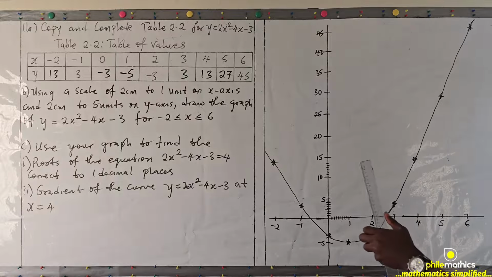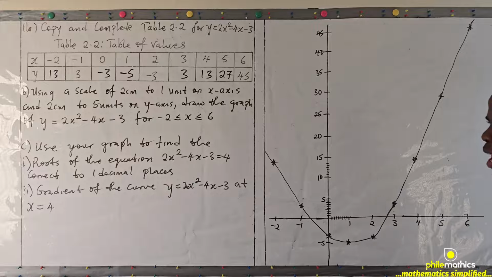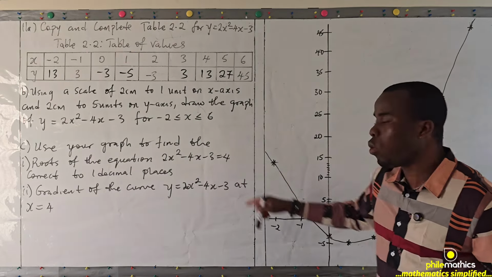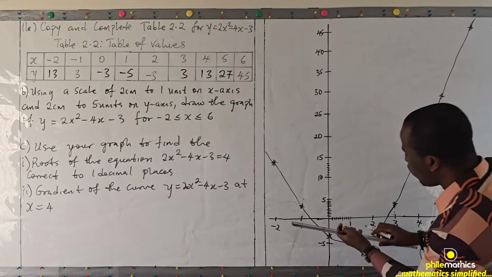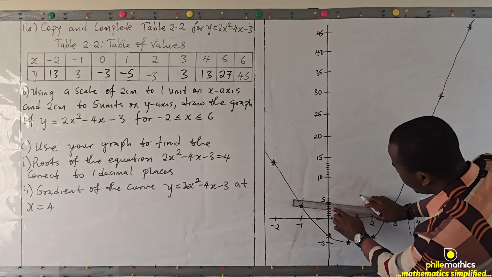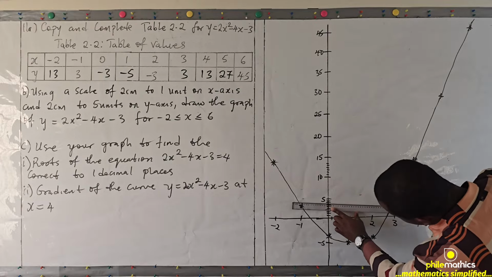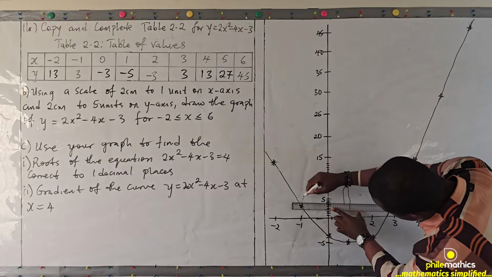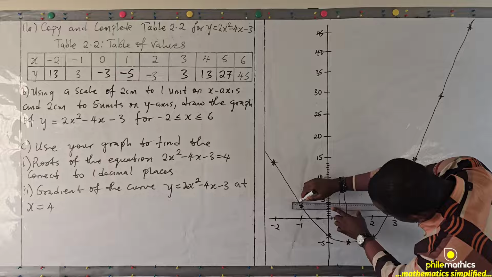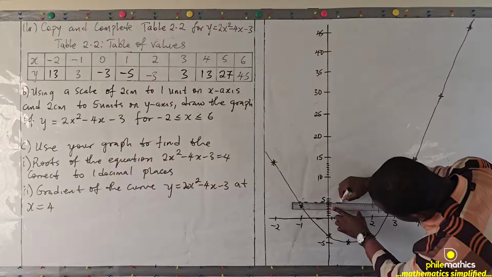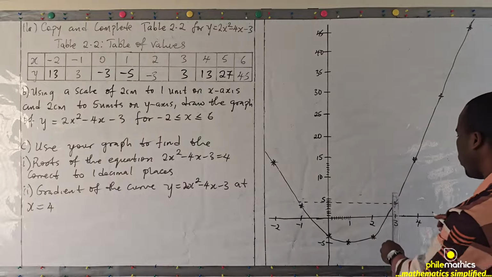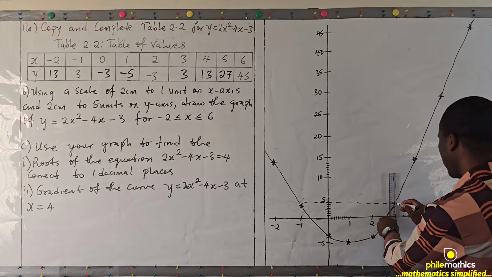Then part C(i) says use your graph to find the roots of the equation 2x squared minus 4x minus 3 equals 4. This 4 is where y is 4. So we look for where y is 4, which is this, and then draw a horizontal line. So it's just a little bit above where it is 3.